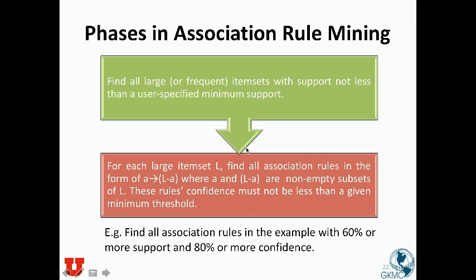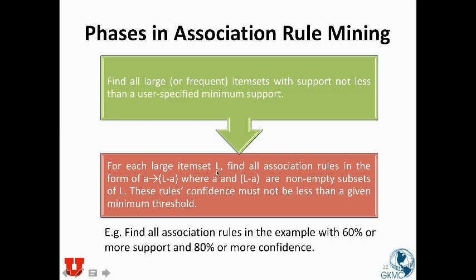So in the first phase, we only select items to form item sets that are large or frequent based on minimum support. The minimum confidence threshold level is applied in the second phase to examine all the combinations of items in a large item set, on the left-hand side or right-hand side.